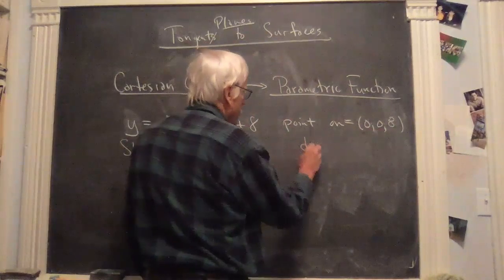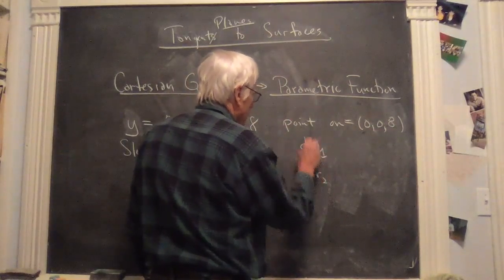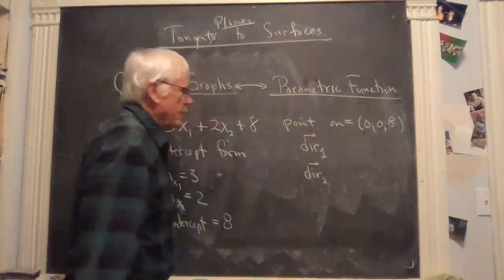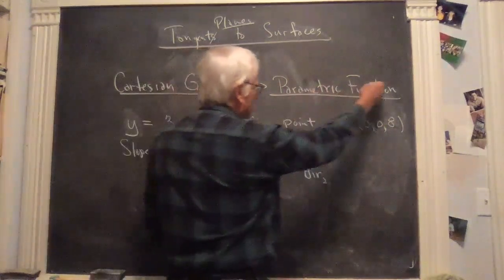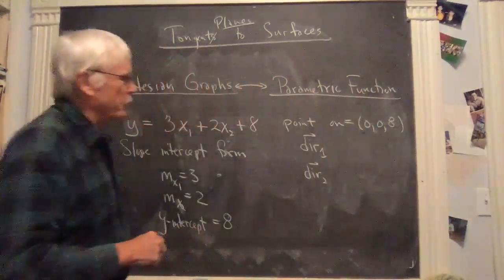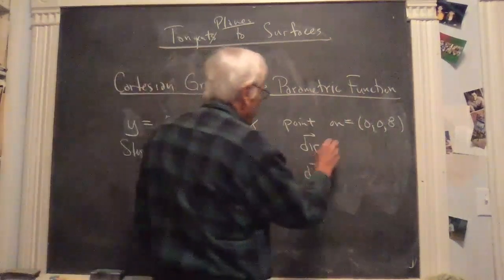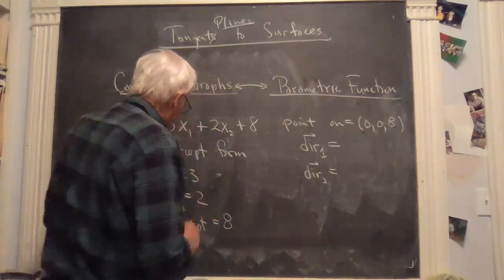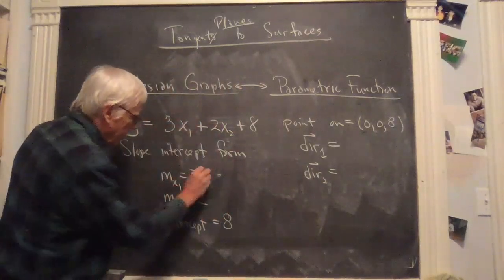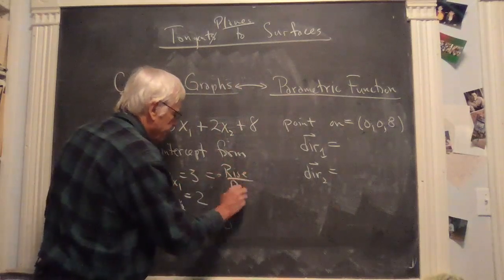And we want two directions, dir1 and dir2. These are both vectors. These are the three things you need in order to find a parametric equation for this plane. And for dir1 and dir2, we're going to use the slopes. m sub x1 is 3, and this does mean rise over run.